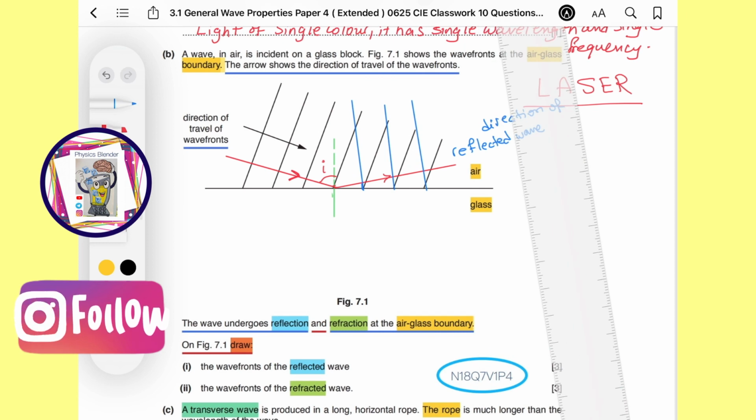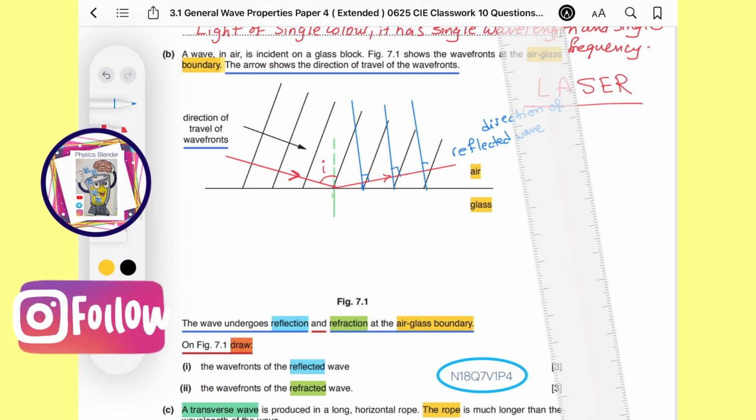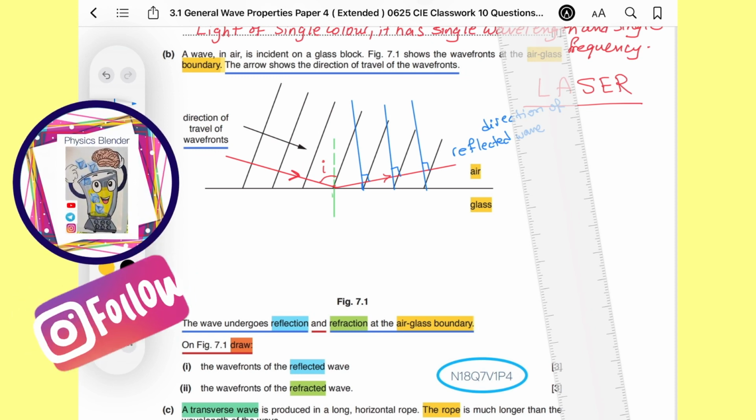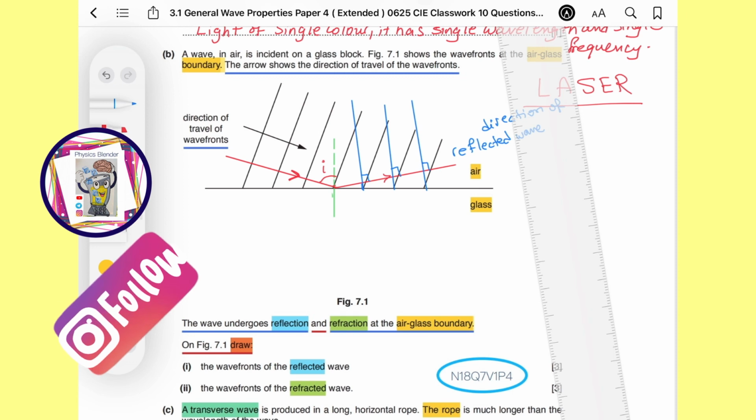Okay, guys, check. These are wavefronts, so they are perpendicular to the direction of wave travel.